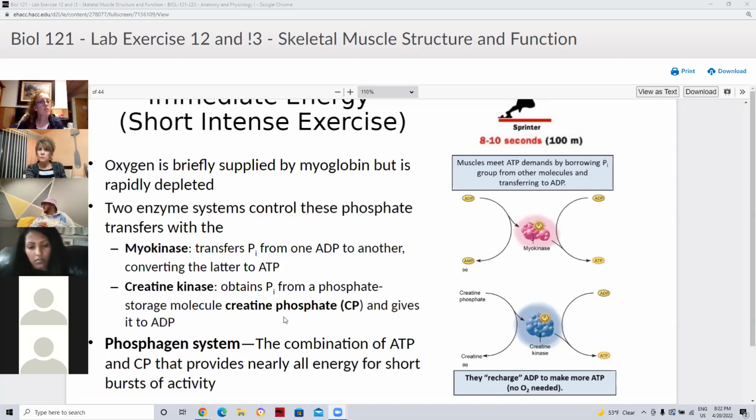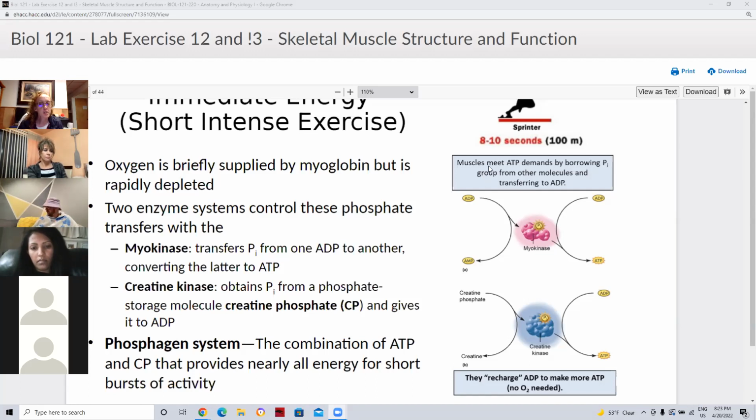So we've got two different ways that we can produce more ATP outside of using aerobic respiration when we've depleted all the oxygen that we have, or when we're getting really low on it.